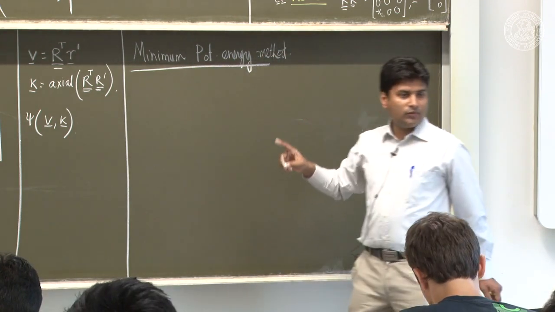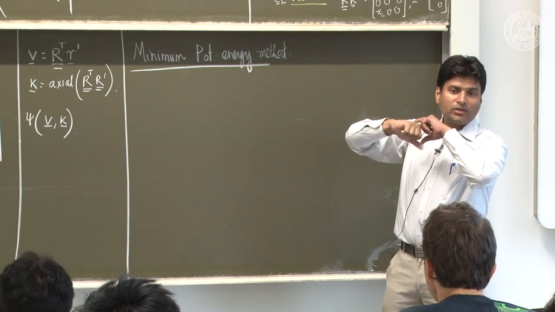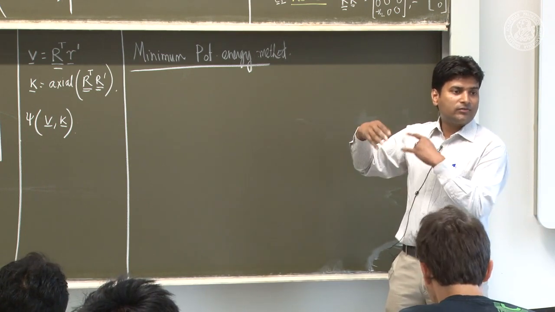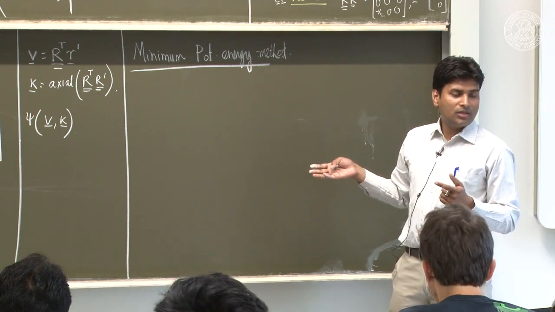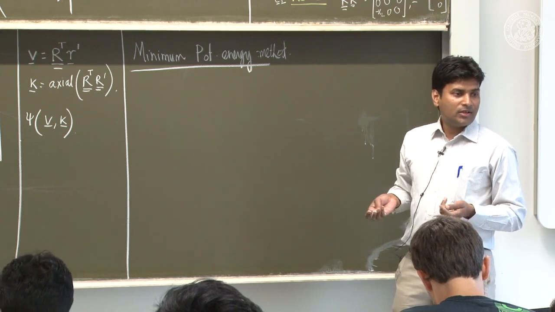You all know that if we use the principle of minimum potential energy, we write down the expression for potential energy of a rod, take its first variation with respect to kinematic quantities, then it's going to give us the Euler-Lagrange equations, right?